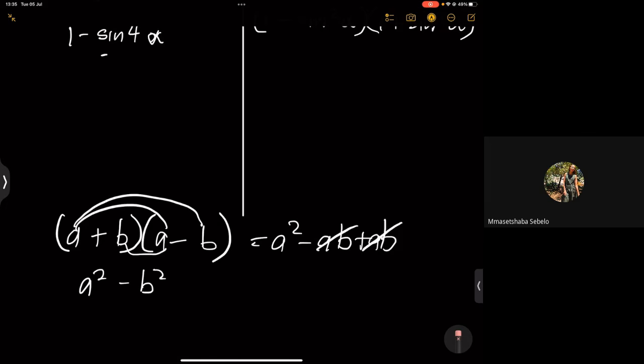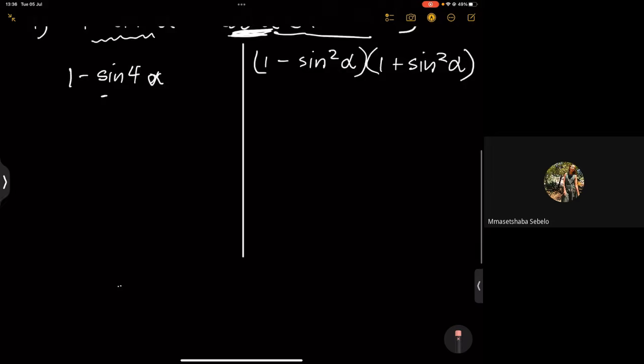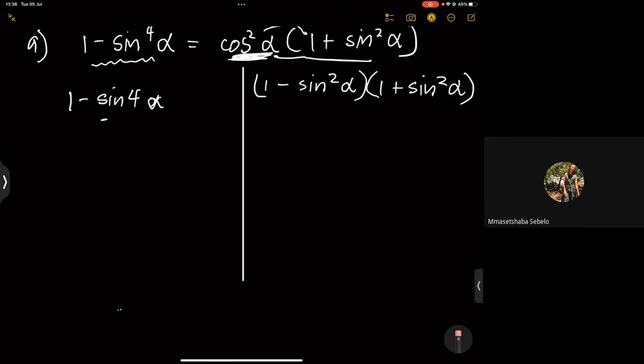So remember, whenever you have the difference of two squares, you can always factorize it in such a way that you've got two brackets that are the same, but only with different signs. So in this case, I've got exactly that.